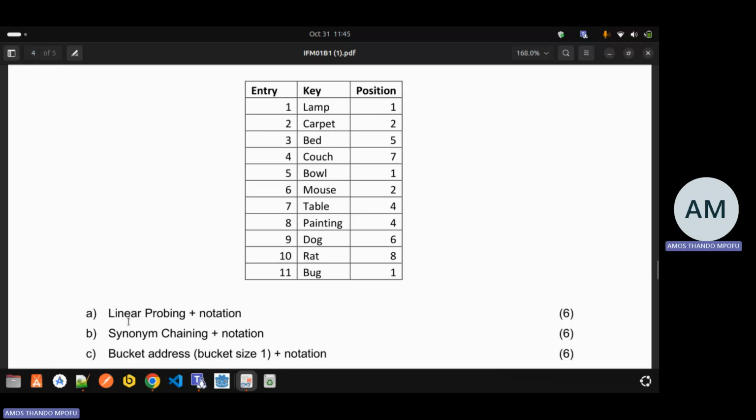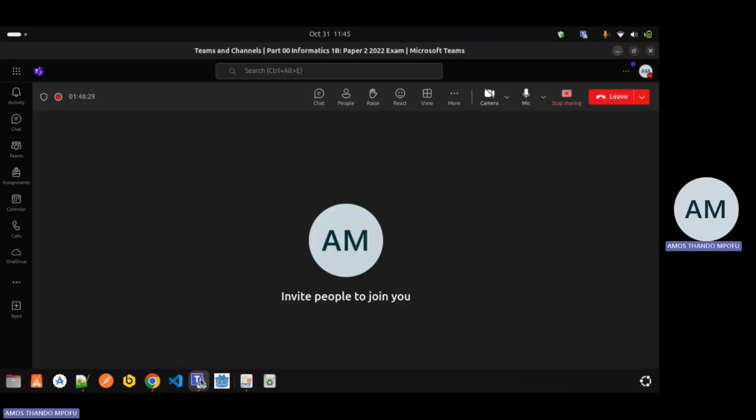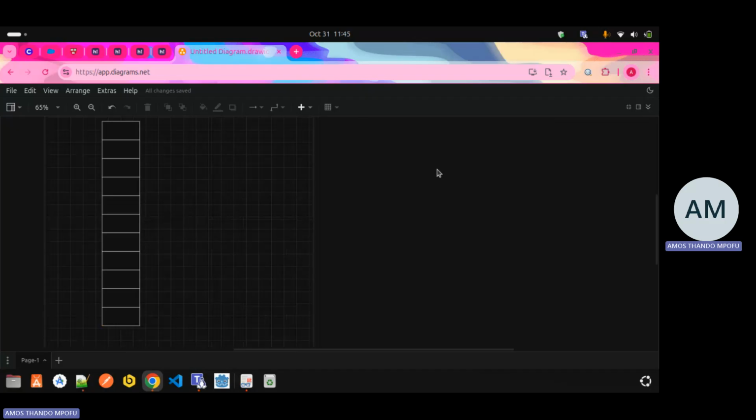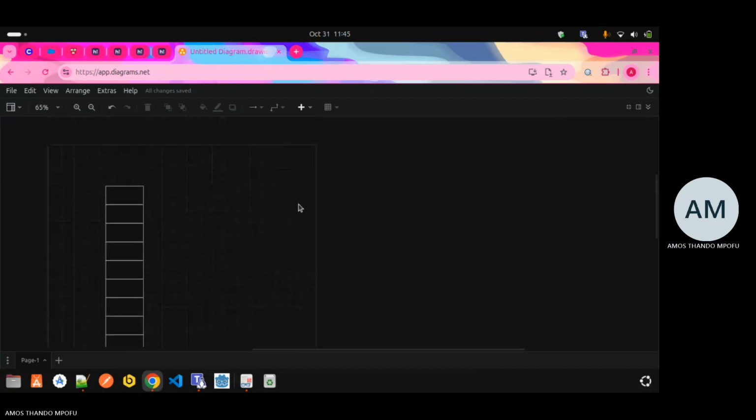So for linear probing, right? Let's start with linear probing. Linear probing, you just put them in that order, right? One after the other. You find a collision, you look for the next available space. So let me try to zoom in a bit.